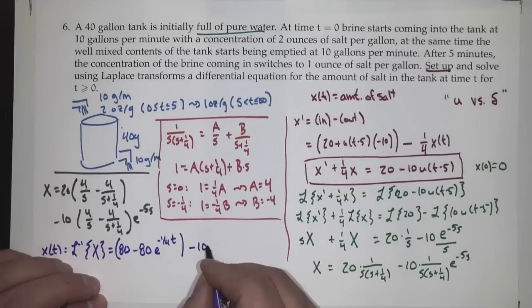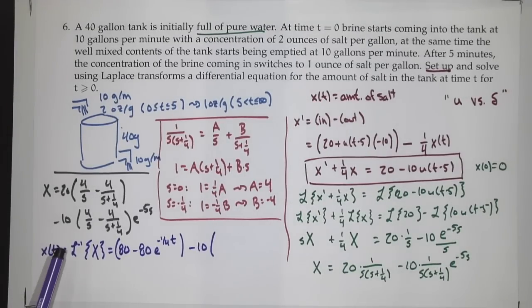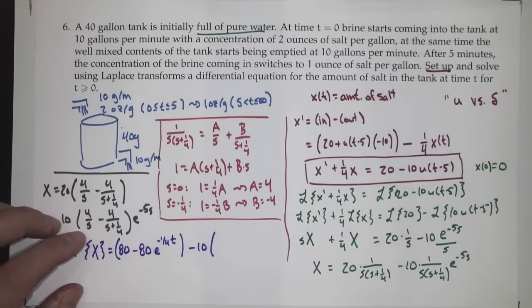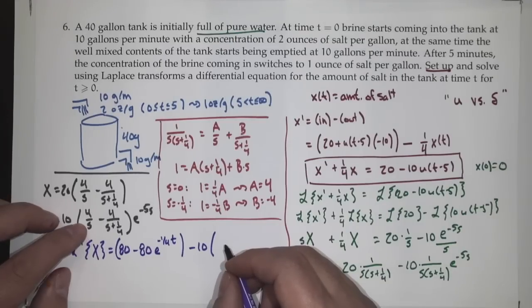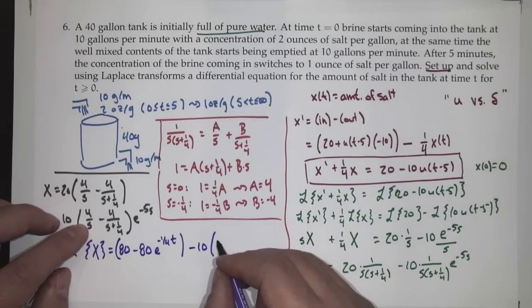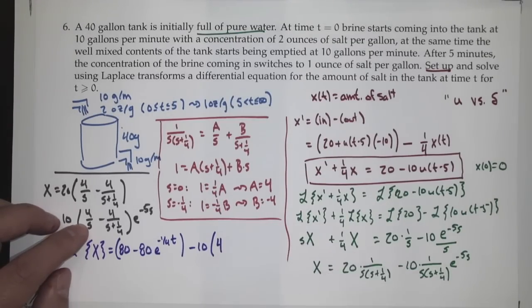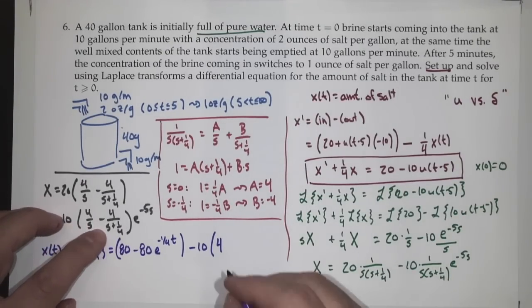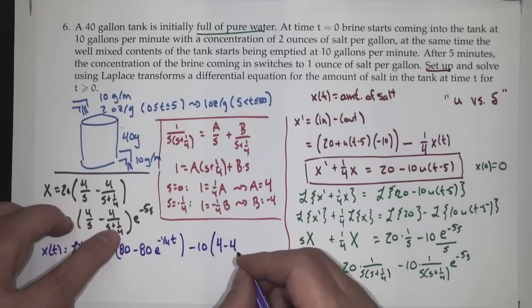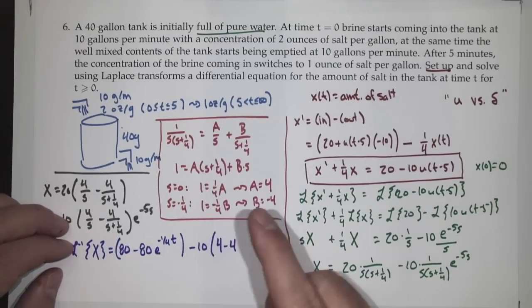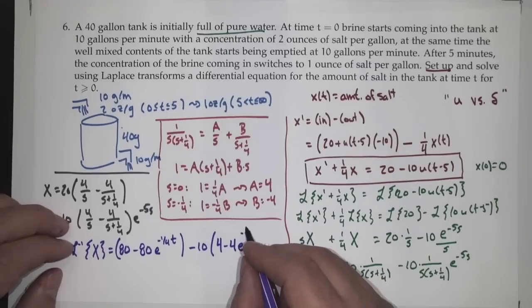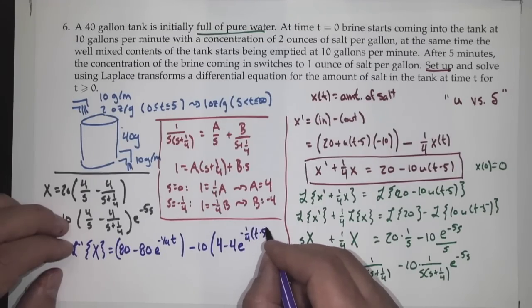Then subtract 10. And now we do the same thing. It's the same thing we're working with, but there's this e to the minus 5s. So we have to shift. This 4 over s would normally become 4, but when you shift a constant, it's still the same constant. Then you have, again, 4. 1 over s plus 1/4 would normally be e to the minus 1/4 t. So we now have e to the minus 1/4 of t minus 5.